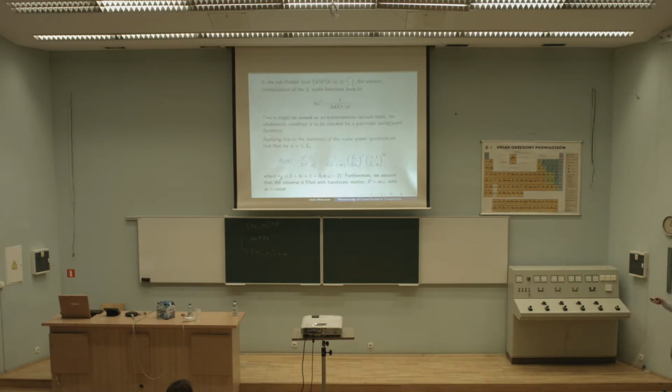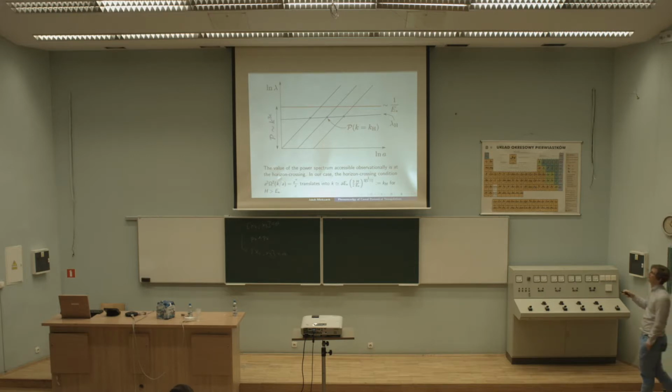If you would like to have your spectrum to really be produced in the deep quantum regime, then the inverse of the energy scale of the dimensional reduction has to be greater than the Hubble horizon scale.